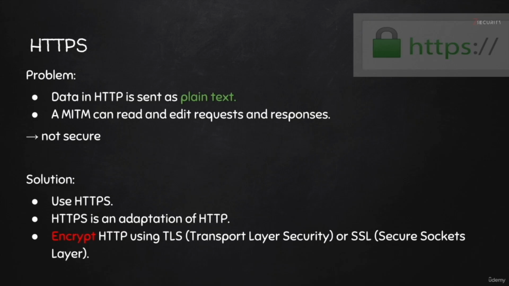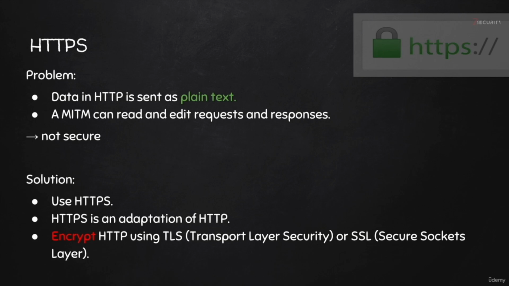So if a person manages to become the man in the middle, they will be able to read this data, but the data will be gibberish. It will not be readable to the person intercepting the connection. Now, HTTPS relies on TLS or SSL to encrypt the data, and this is very difficult to break.